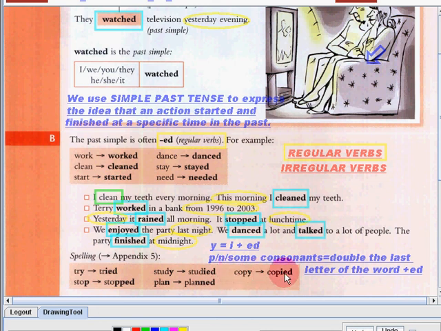Copy, copied. Also, for consonants like p and n, and other consonants, we have to double the last letter of the word and add ed. For example, stop, stopped. Plan, planned. So, these are some of the rules for the spelling of some verbs.